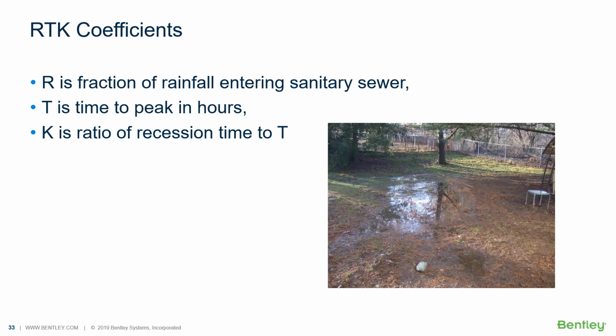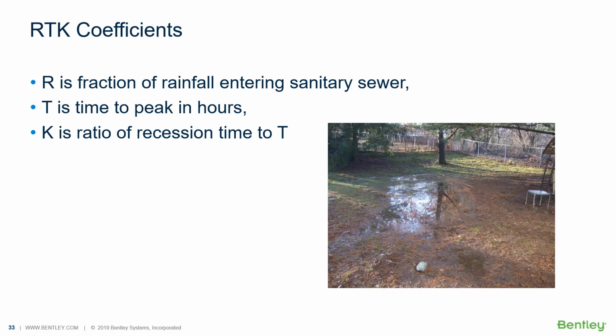So R is the fraction of rain entering the system. If you have a tight system, R is down near 0. Or if you have essentially a combined sewer, or if you want to use this for a stormwater system, which you wouldn't, it'd be 1. So you're going to be somewhere between 0 and 1, hopefully small numbers like 0.05 or 0.1. T is the time to the peak.